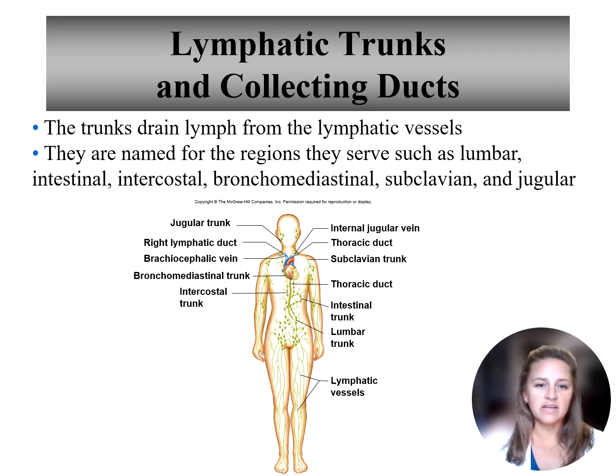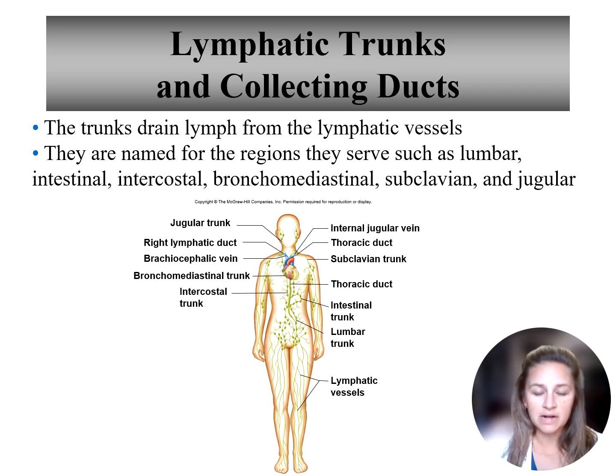So this is what that looks like. So throughout our body, we have various regions that have a higher concentration of lymph nodes, and then those drain into trunks. So it says the trunks drain lymph from the lymphatic vessels. They're named for the region that they serve, such as lumbar, intestinal, intercostal, bronchiomediastinal, subclavian, and jugular.